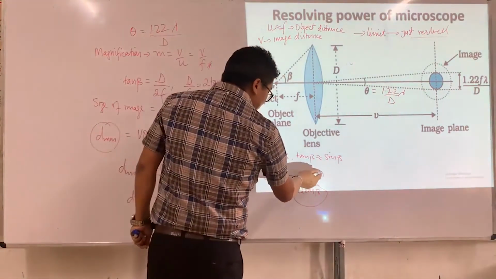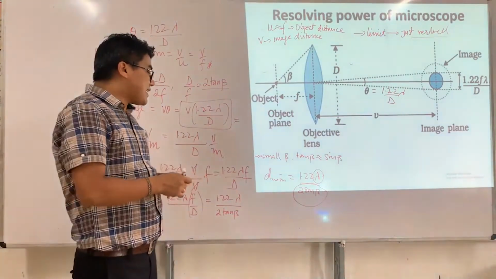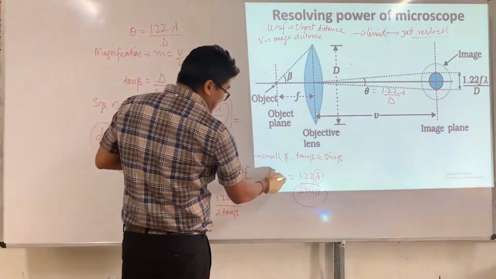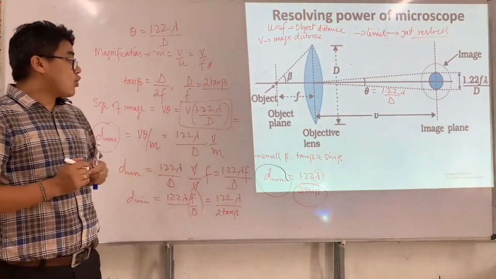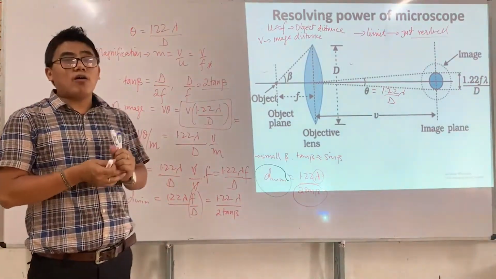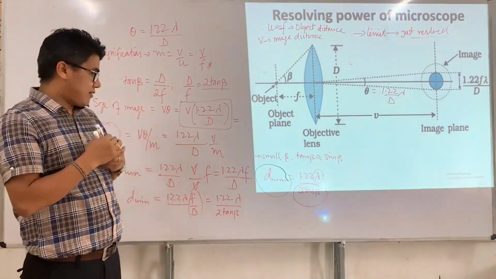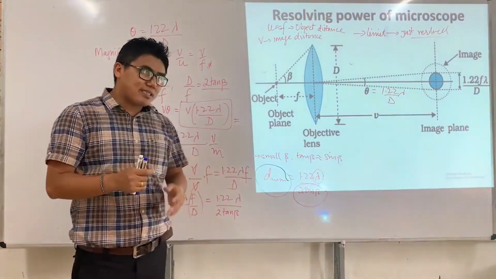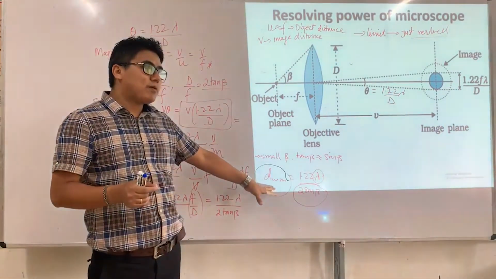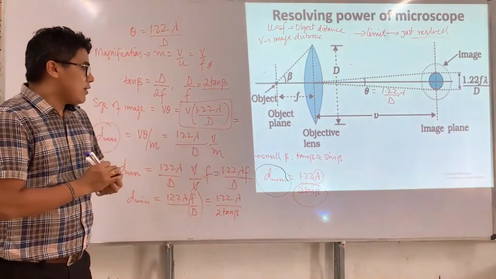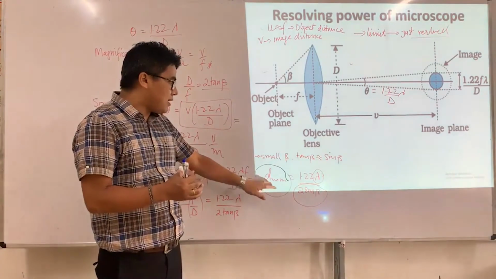All right, this is the wavelength. Now, what I told you is that the minimum distance is a characteristic of the microscope. If the minimum distance is smaller, then the microscope will have a better resolving power. And if the minimum distance is bigger, then resolving power is going to be less. So the characteristic of a microscope is all determined by the minimum distance.